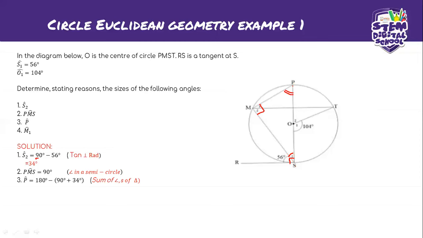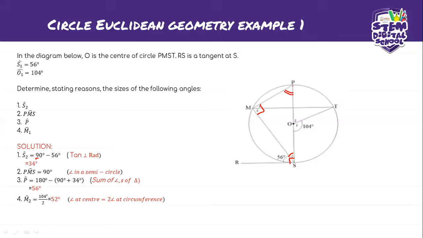We also have this angle M, then the third angle, we know how we can determine that. The reason is the sum of angles of a triangle add up to 180, right? So you add this angle M together with angle S2, then you subtract them from 180. Then you'll get the angle of P to be 56 degrees, right?